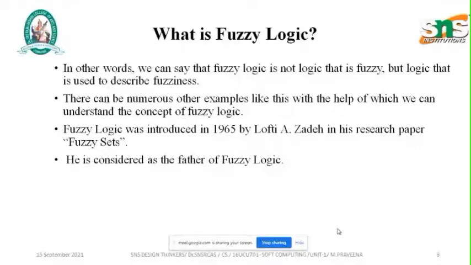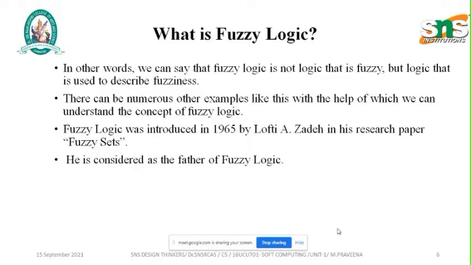All the values are not fuzzy, but we are using this logic to describe the fuzziness. There can be numerous other examples with the help of which we can understand the concept of fuzzy logic. There are so many real world problems available in fuzzy logic.